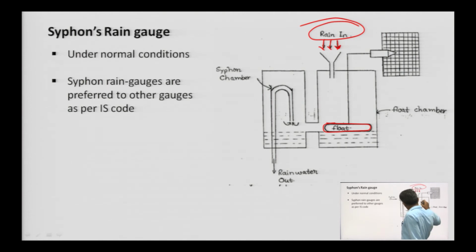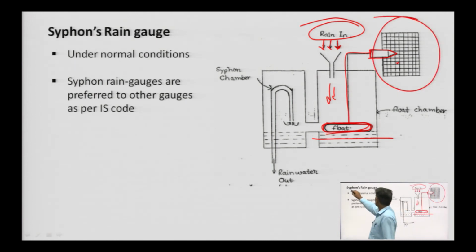Due to this floating type of arrangement with the pointer, at one depth of the water the floater will be here and the pointer mark will be somewhere downward. As long as the water is coming here, the floater will move upward, and that is why recording will be here. So, this is the Syphon's type of gauge.